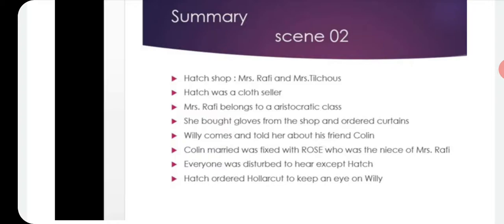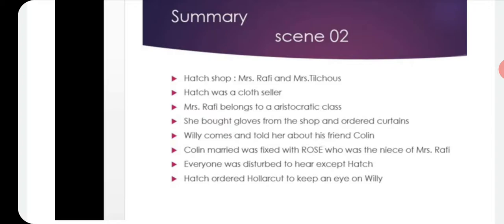Willie comes and tells her about his friend Colin. He tells her everything about the previous night. Colin's marriage was fixed with Rose, but now Rose is deep in grief, and she thinks she will never meet Colin again. Both of them, Willie and Rose, are waiting for the dead body of Colin, which maybe one day will be found on the seashore.